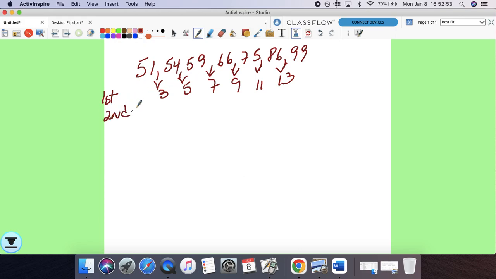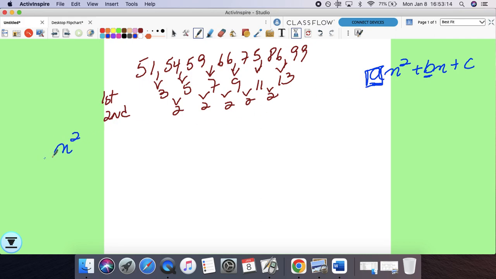We take the second difference, and you notice that we're going to get plus 2, plus 2, plus 2, plus 2, plus 2. So remember, our quadratic sequence comes in this shape. Our first part is to find our coefficient here.